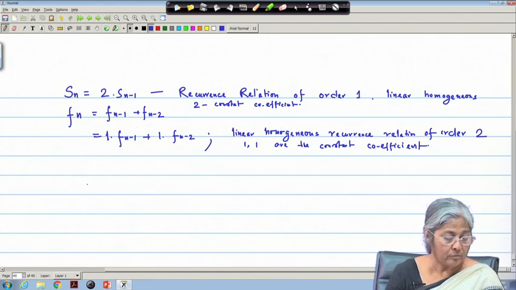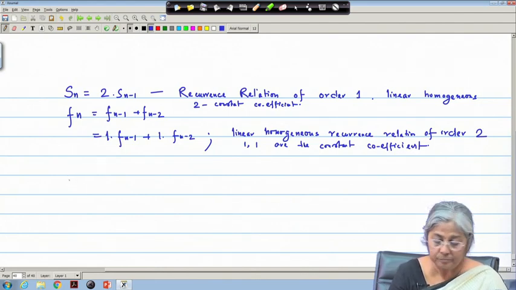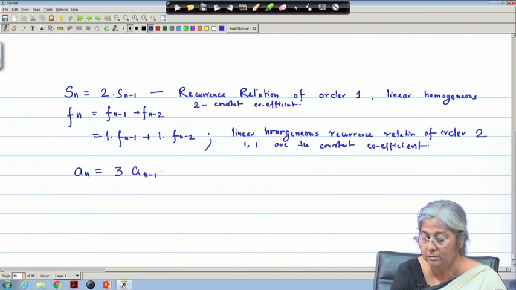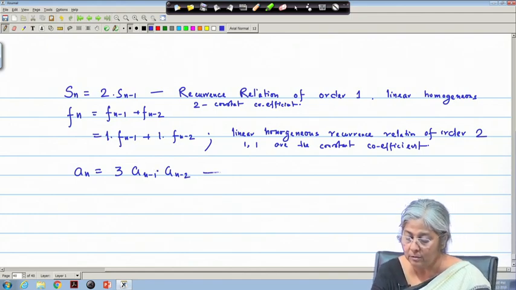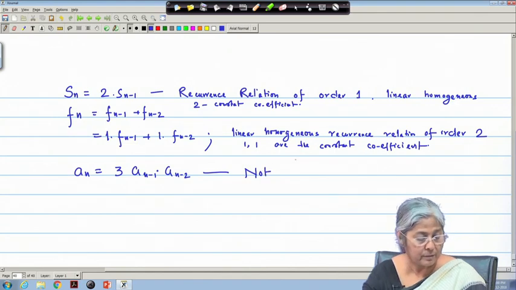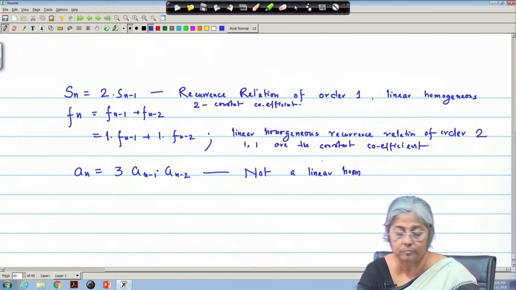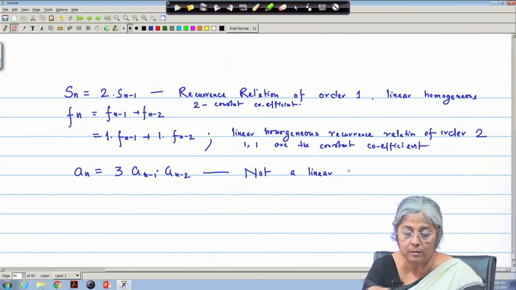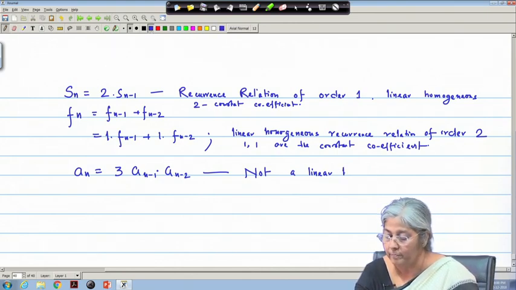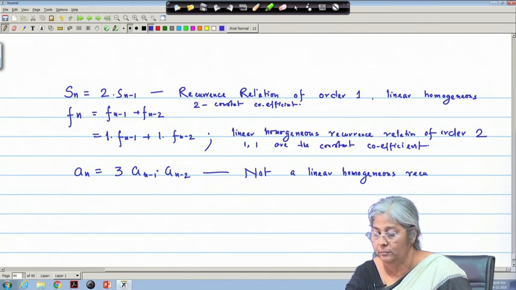Now, if I write a_n equal to 3 a_{n-1} a_{n-2}, so this is not a linear homogeneous recurrence relation.